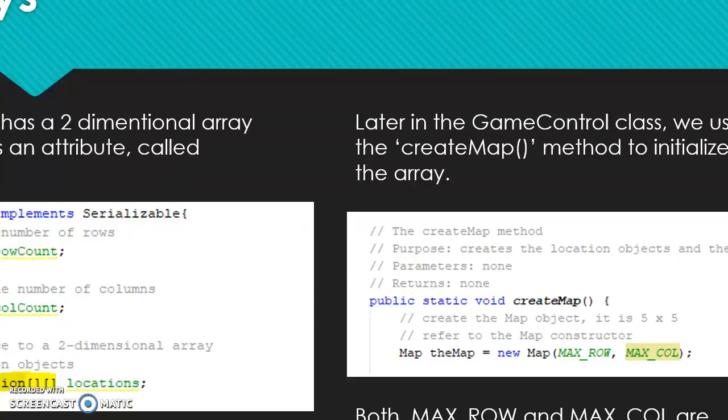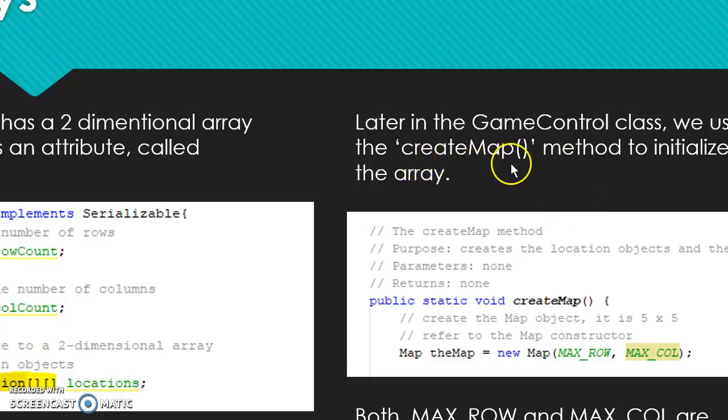In the class map, we have an attribute called locations, and it's a two-dimensional array of locations. Later in the game, we can see we used the game control method class.